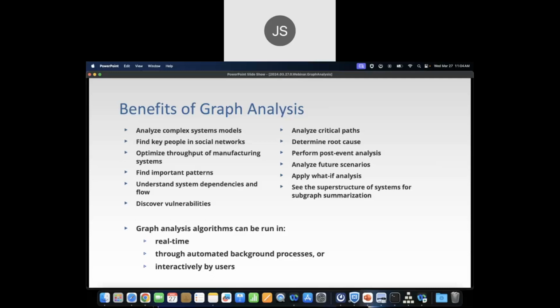You can find key people in social networks. You can do optimization, look for patterns. You can even use analysis to understand future scenarios as well. And so these graph analysis algorithms can be run in real time or through automated background processes or interactively by users, as we'll see here in a few minutes.